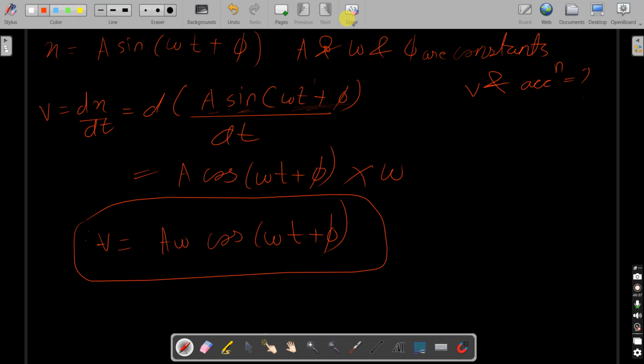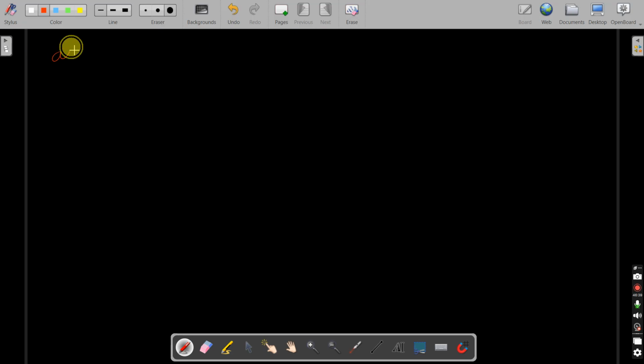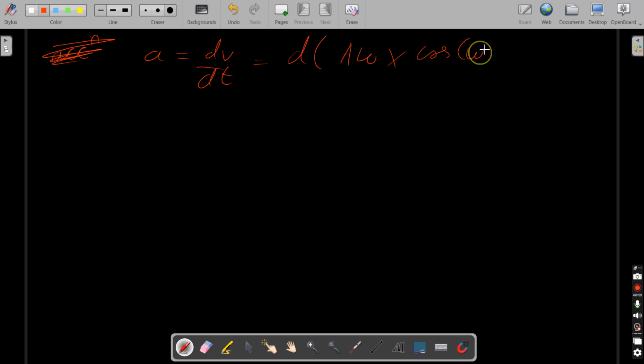We also have to find acceleration. Acceleration will be dv upon dt. We have our velocity function as the differentiation of a omega multiplied by cos omega t plus phi upon dt.